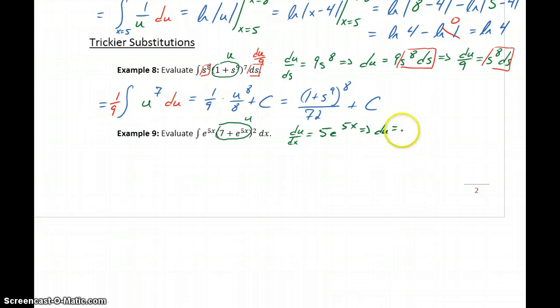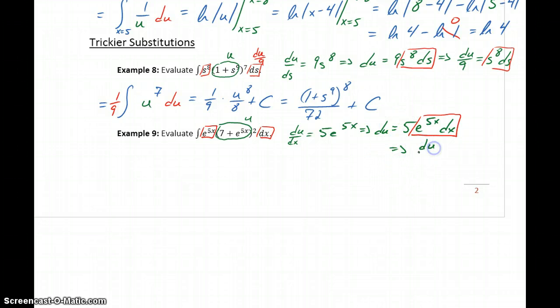That means du will equal 5 e to the 5x dx. So now we want to look at this statement and see what we have in the original problem to swap out. In this case, we do have the e to the 5x and the dx, but we don't have the 5.